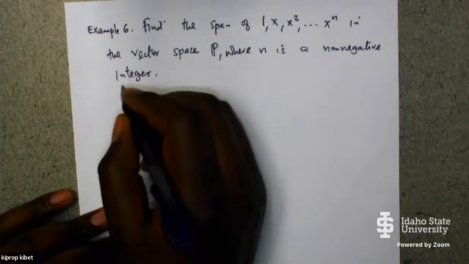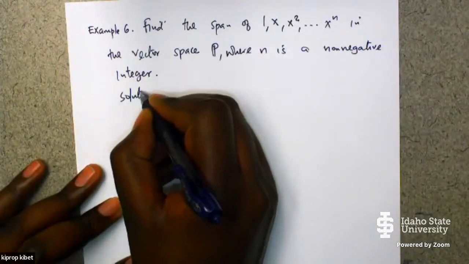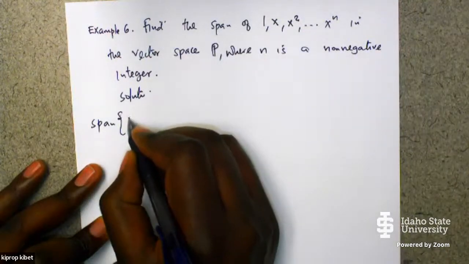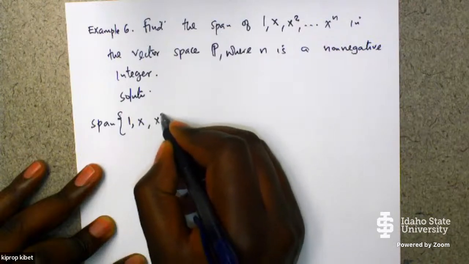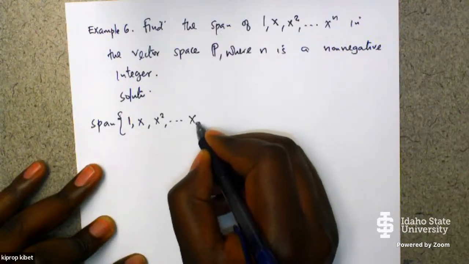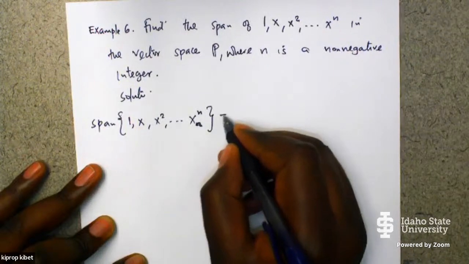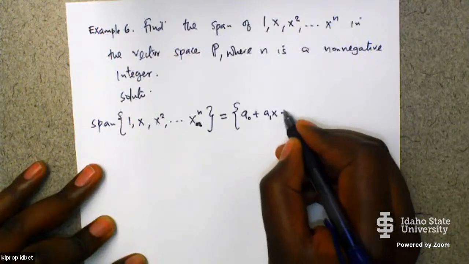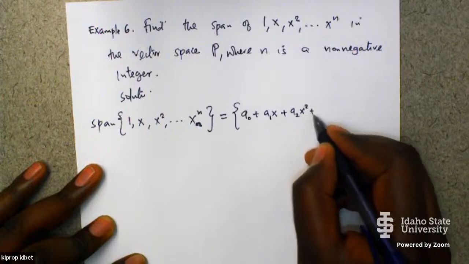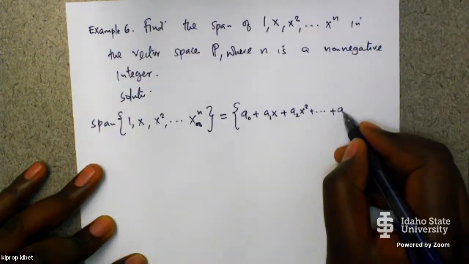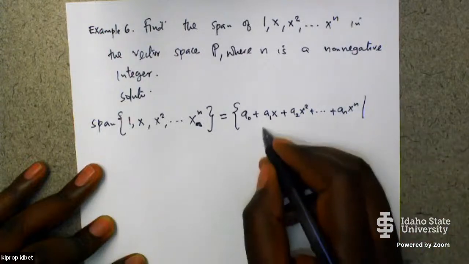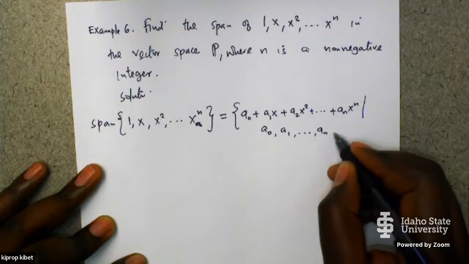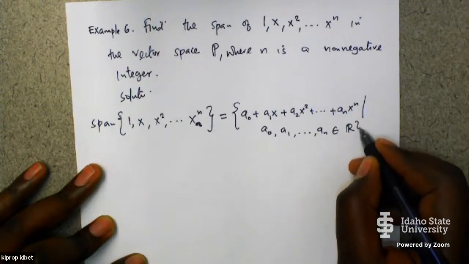So the solution: the span of 1, x, x squared, all the way to x^n is the same as a0 plus a1x plus a2x squared plus all the way to an x^n, such that a0, a1, all the way to an are elements of the real numbers.